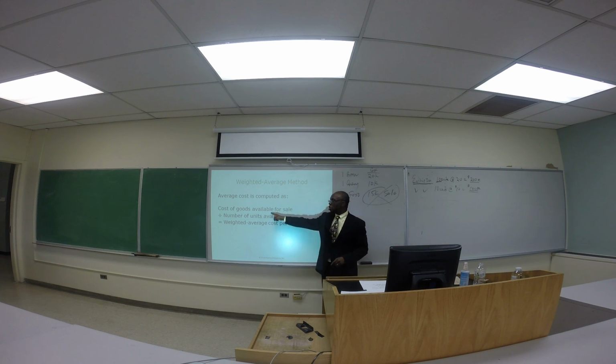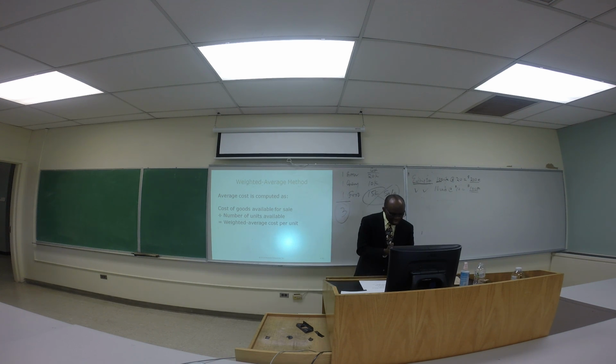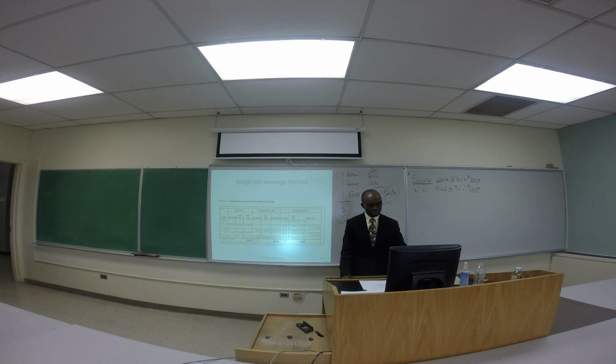We determine the cost of goods available for sale, so the cost of all the goods that we bought during the accounting period, and we divide it by the number of units available. That will give us the weighted average cost per unit. And we use that to determine the cost of goods sold and the ending inventory.